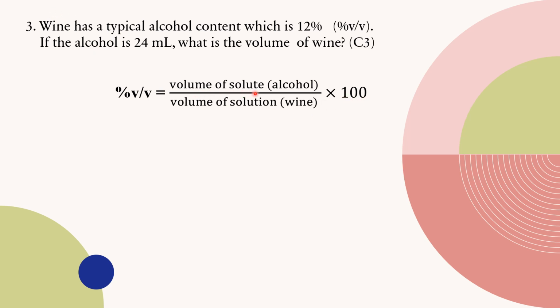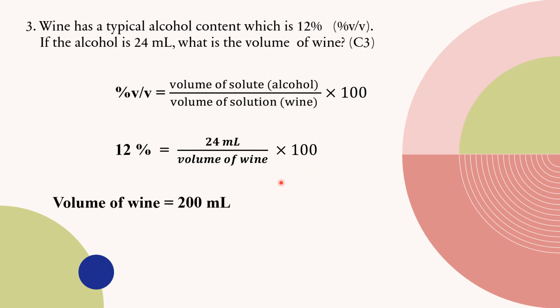So volume of solution is not provided, the volume of alcohol provided is 24 milliliter. So you need to calculate the volume of the solution. So substitute 12% equals 24 milliliter volume of solute, which is alcohol, divided by volume of the wine, which is the volume of the solution, multiplied by 100. So the final answer, the volume of wine is 200 milliliter.